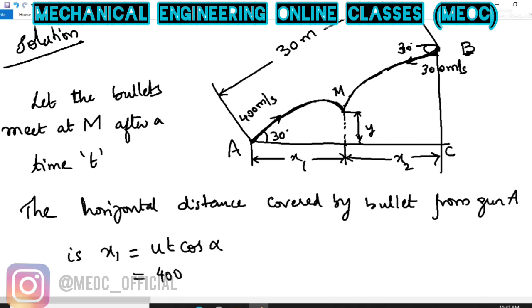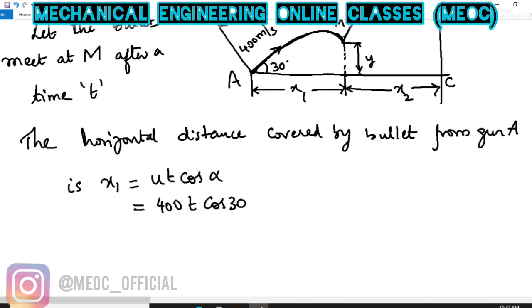It is coming with a velocity of 400 meter per second. So it is 400 into t. t is something which we have to find. It's a variable and unknown. cos 30, the angle of elevation. So 400 cos 30 into t is nothing but 346.41 t. So this is x1.